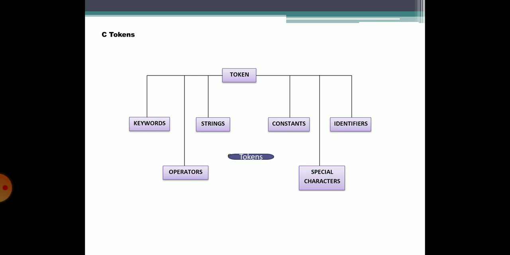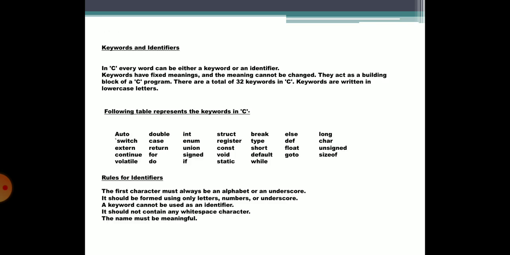Every C word is classified as either a keyword or an identifier. Every word that we use in a program is classified as a keyword or an identifier. All keywords have fixed meanings, and these meanings cannot be changed in a C program.